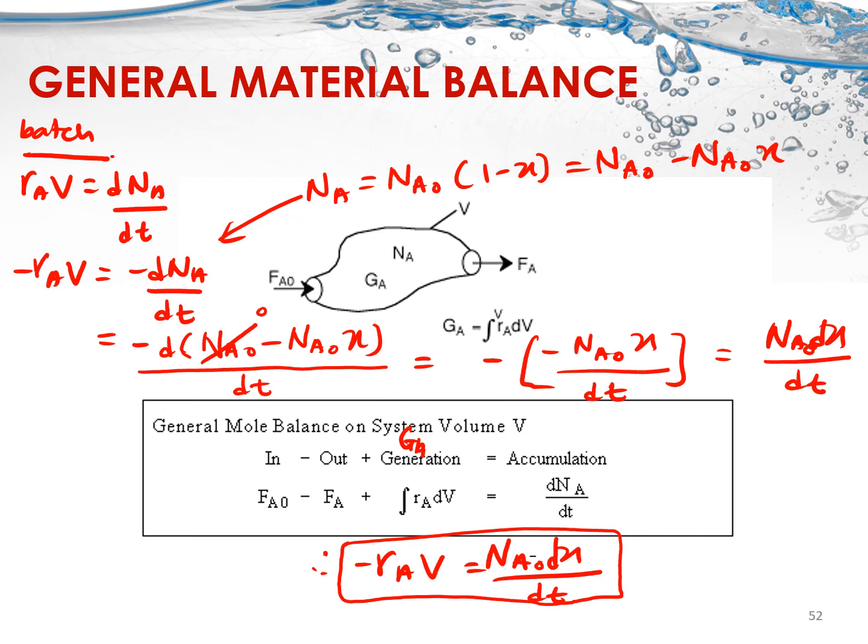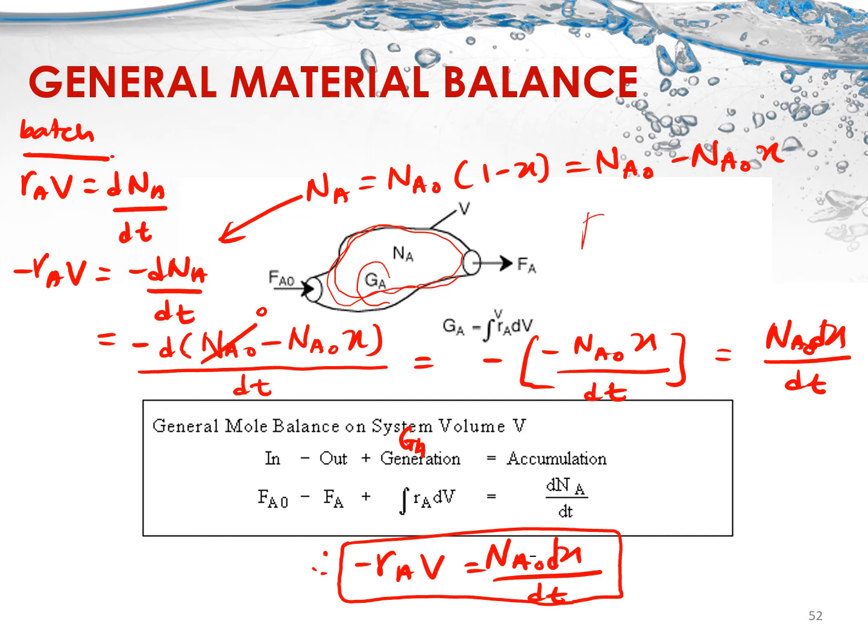Okay, so let's say, okay, so the general mole balance on system volume V is denoted with in minus out plus the generation, which is this GA, is equal to accumulation. Okay, the accumulation of number of moles. Okay, so we have a mole per second.